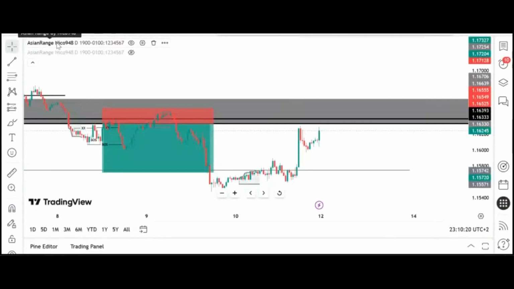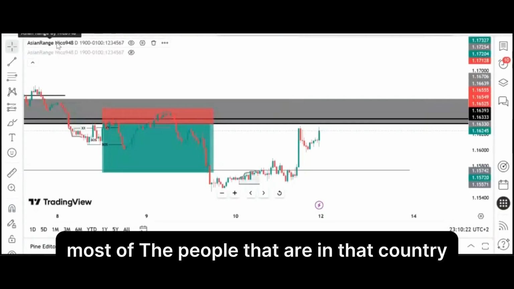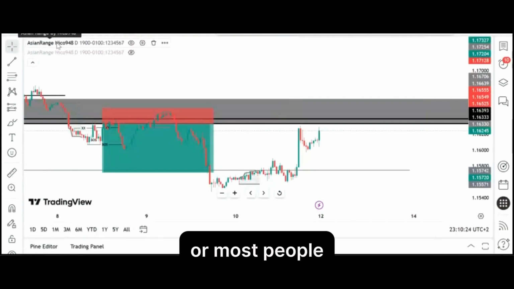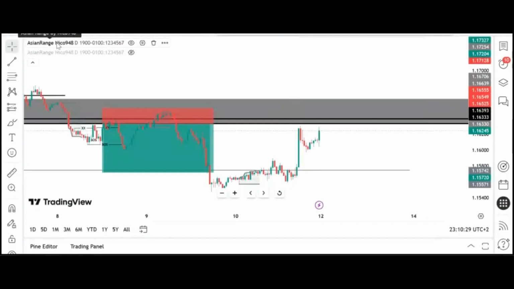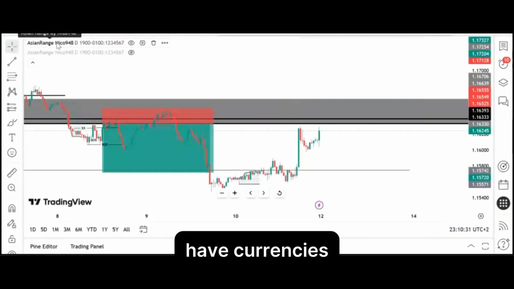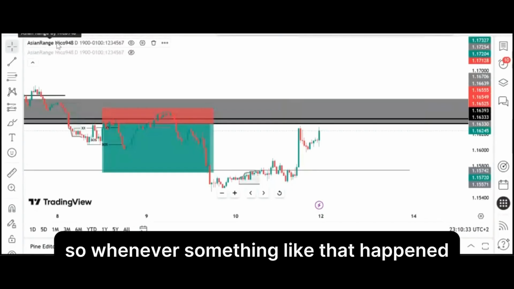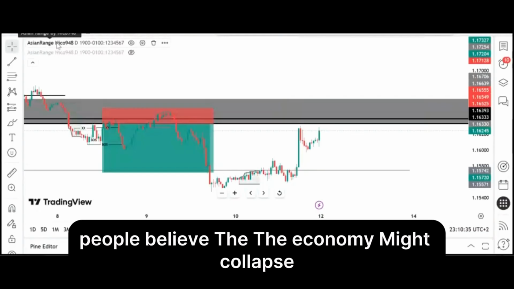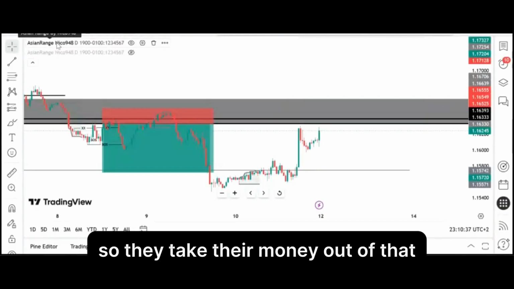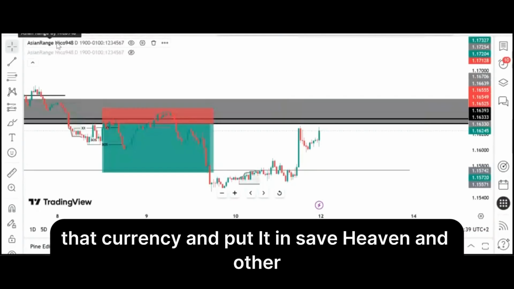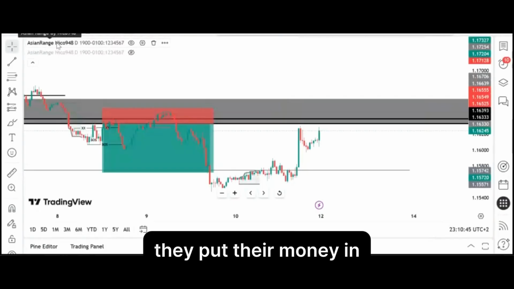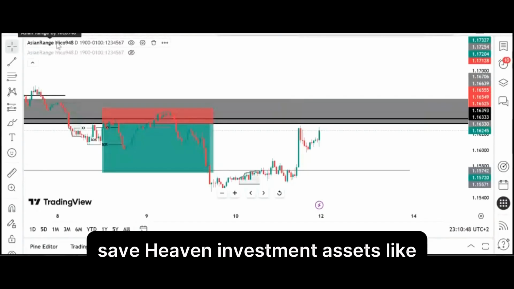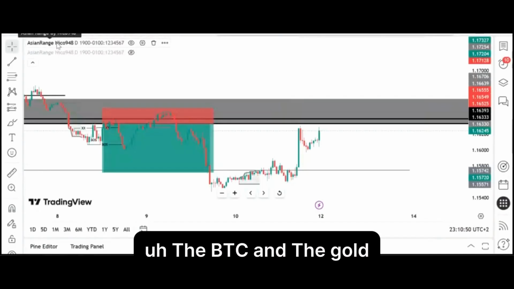The reason it happens is because most people in that country, like here in Nigeria, we have a lot of people that have money in USD, in hard currencies. So whenever something like that happens, people believe the economy might collapse. So they take their money out of that currency and put it in safe haven investment assets like BTC and gold.